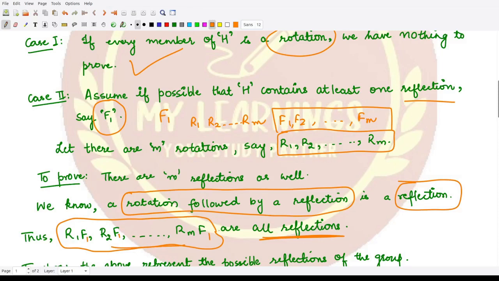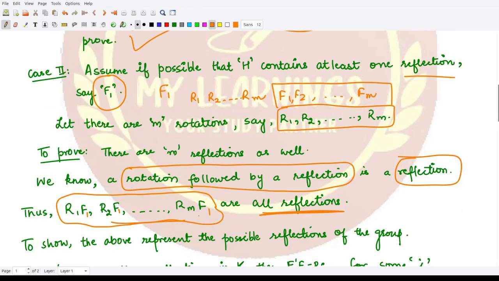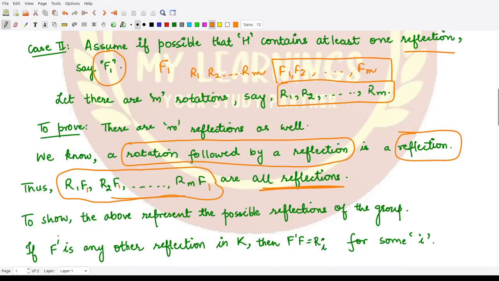In order to prove this, we assume that apart from these m, we also have some other reflection. Let's call that f dash, right? If f dash is any other reflection in H, then these two reflections would give you some rotation. This is also one result.